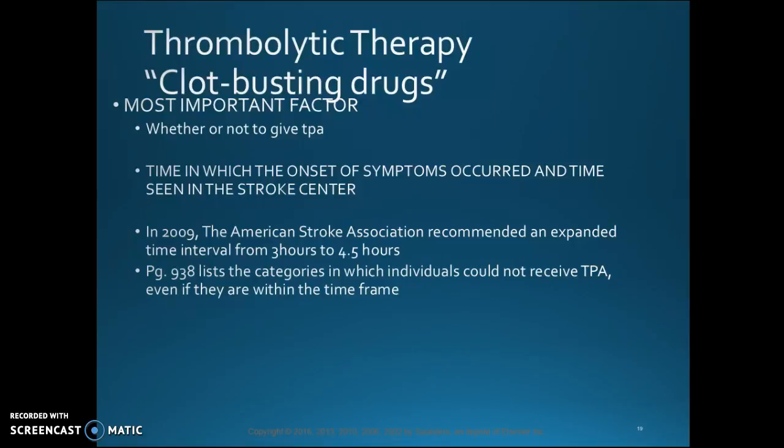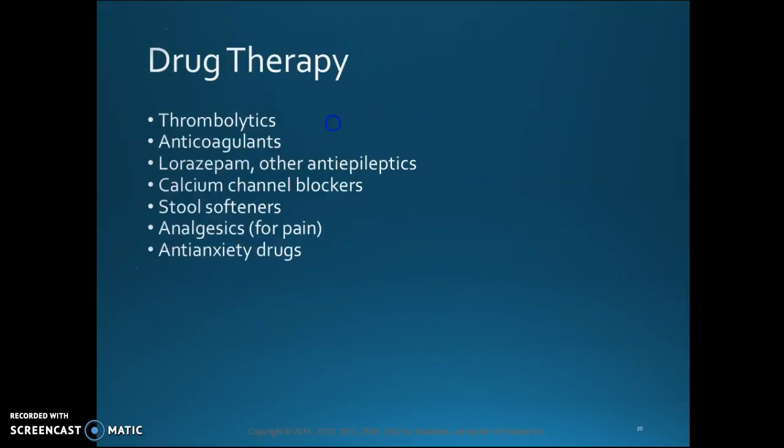So it says that we're going to give TPA to the patients unless they fall into these categories: if they're older than 80 years of age, if anticoagulation with an INR is less than or equal to 1.7, if their baseline National Institutes of Health stroke scale score is greater than 25, or if they have a history of both stroke and diabetes, which I didn't know that, and I didn't look into it anymore, but I'm going to, because I want to find out what the rationale behind that is. So if they've had both a history of a stroke in the past and are a diabetic, they are not a candidate for that.